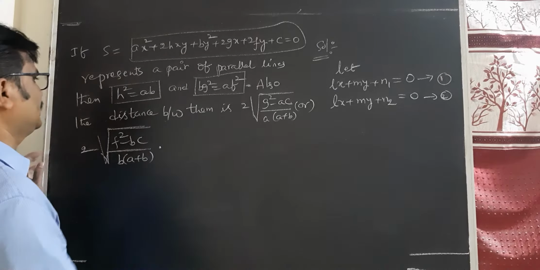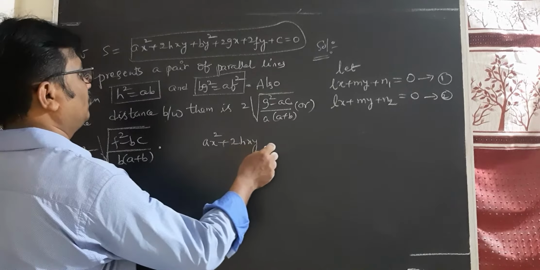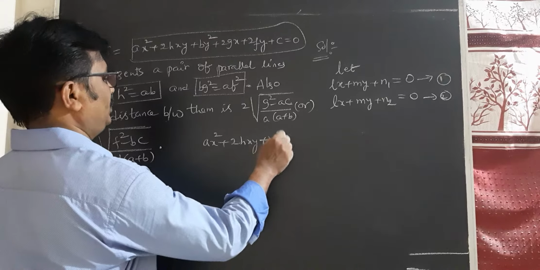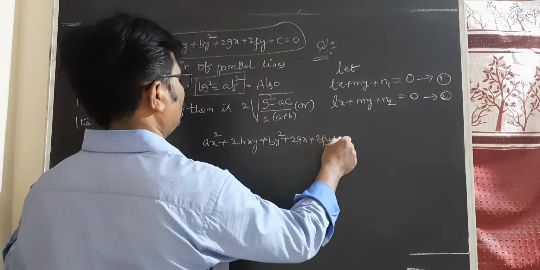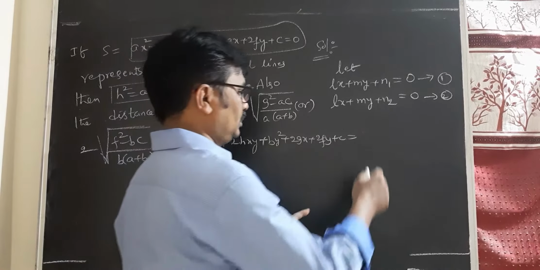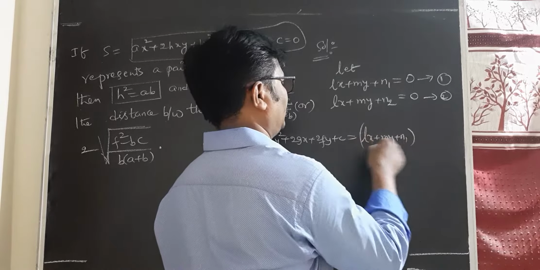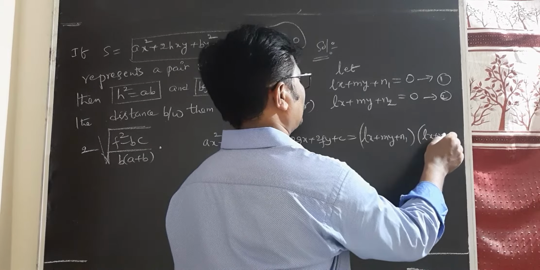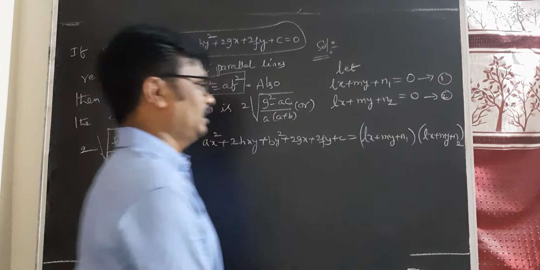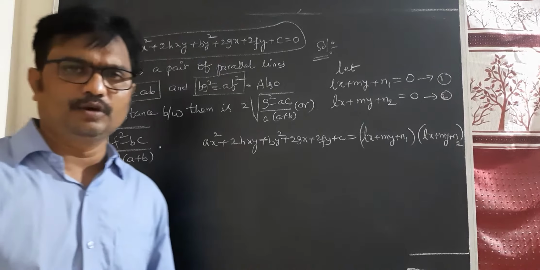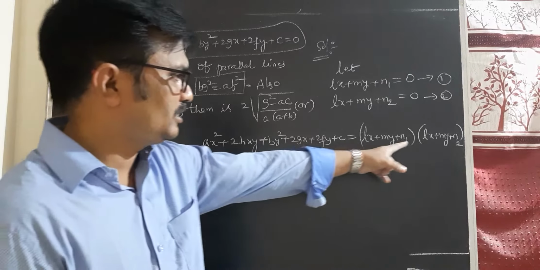The combined equation ax square plus 2hxy plus by square plus 2gx plus 2fy plus c equal to 0 is lx plus my plus n1 into lx plus my plus n2. Now students, equating the alike coefficients on both sides.